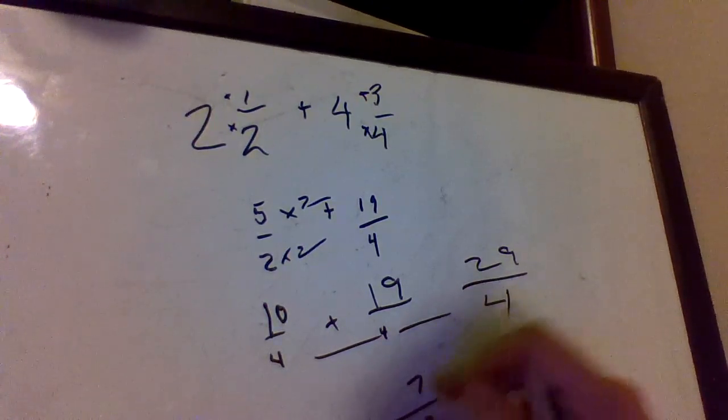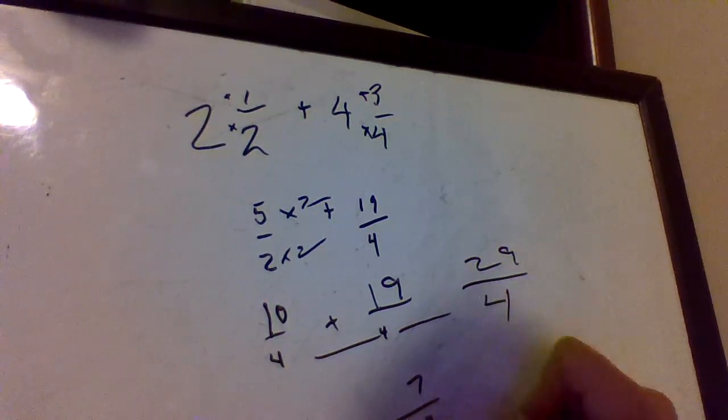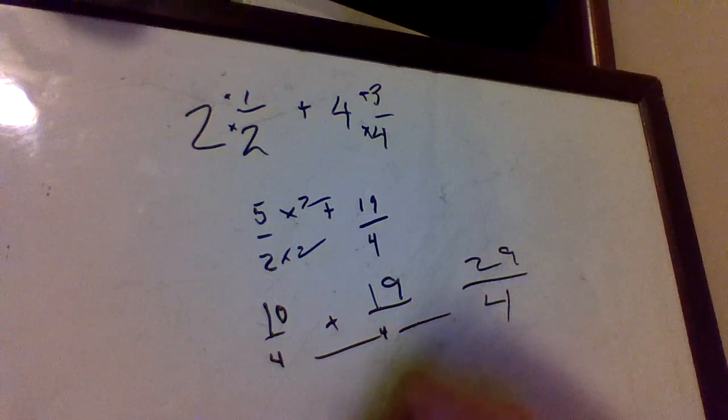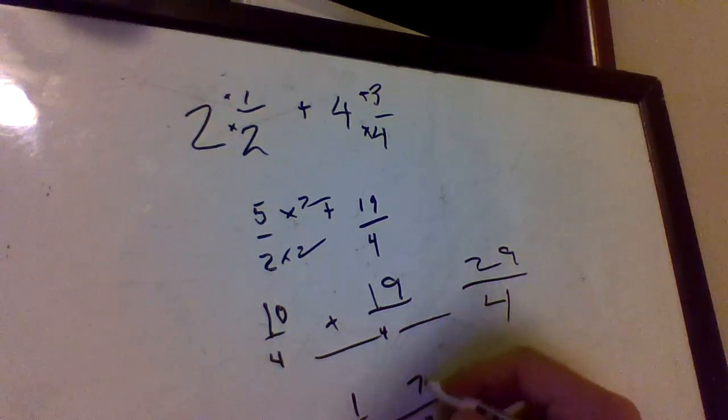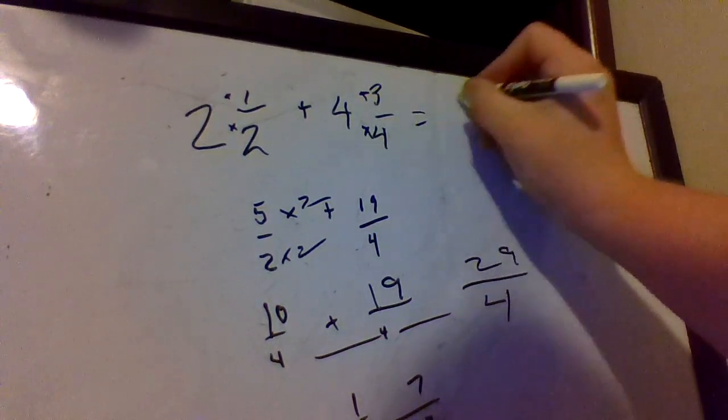That kind of looks like a 2. So 7 times 4 is 28. 29 minus 28 is 1. So when we have the 1, we bring it over here and put it over the 4. So our answer is 7 1/4.